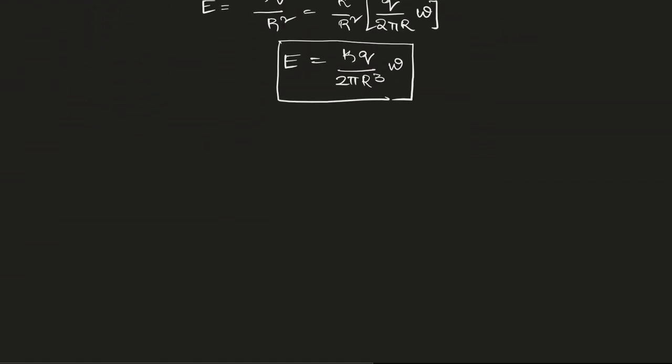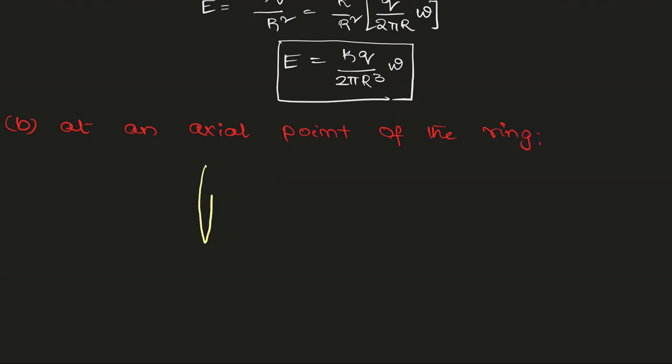Now we have the second case, at an axial point of the ring. Suppose you are given a ring, the center is 0, and from the center they give you a point at a distance x.